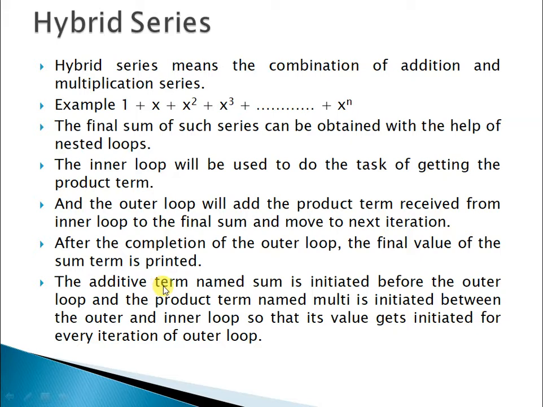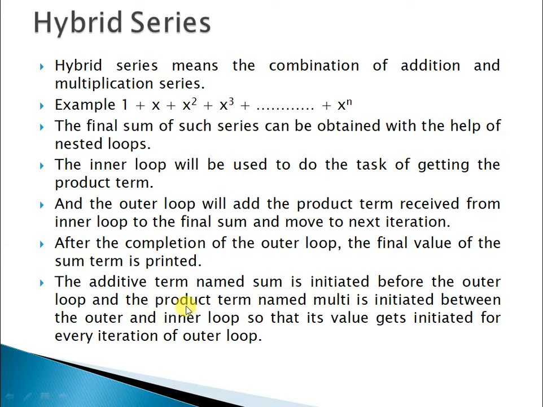The additive term named sum, that is mostly initialized with 0, should be initialized before the outer loop. Before the beginning of the outer loop, you have to initialize that sum variable with the actual value that you want.